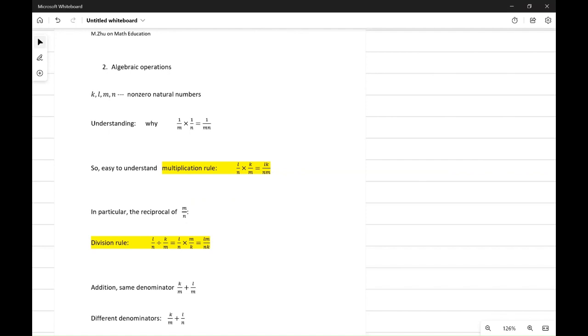1 over m multiplied by 1 over n equals 1 over m times n. Why is this correct? Well, it's easy to check. Take 1 over m multiplied by 1 over n, multiplied by n times m. Using the commutative rule, we have 1 over m multiplied by m, and then 1 over n multiplied by n. Then using the so-called associative rule, you can multiply the first two first and the last two second.